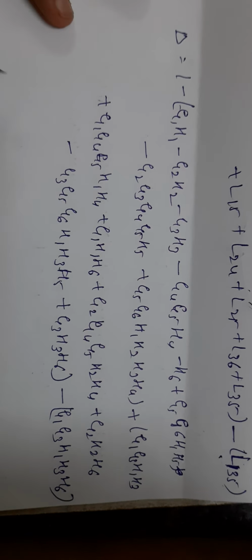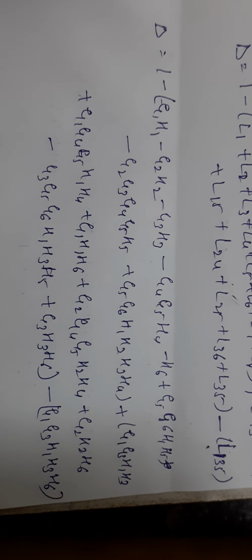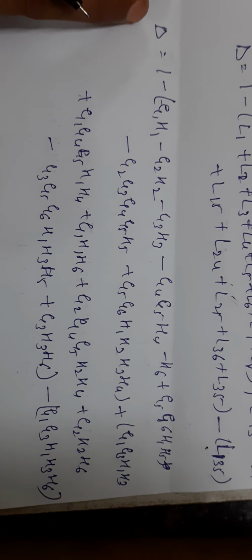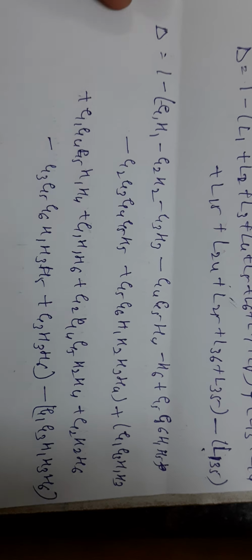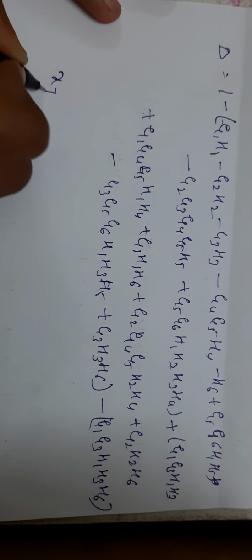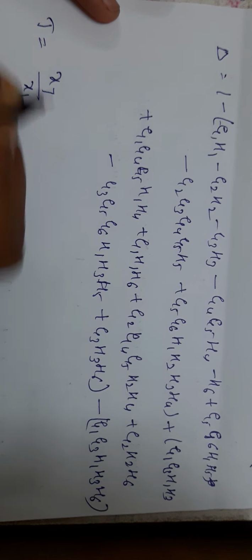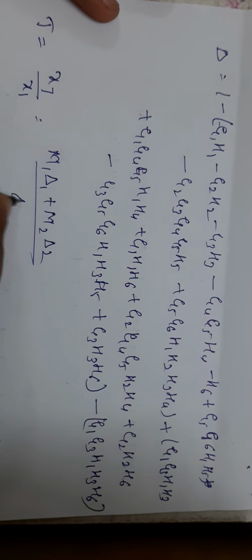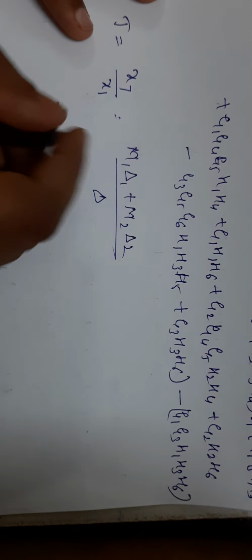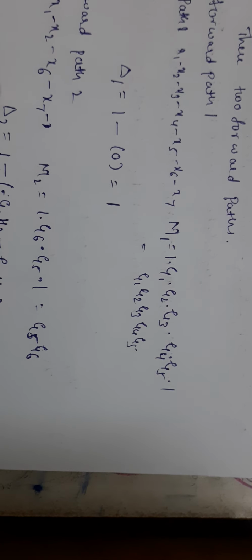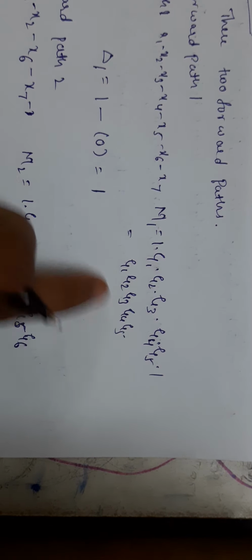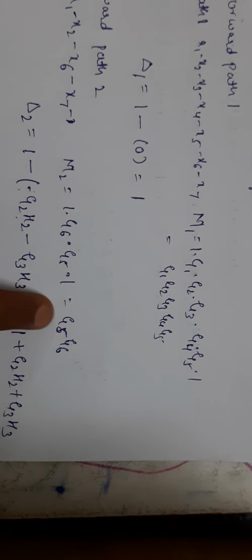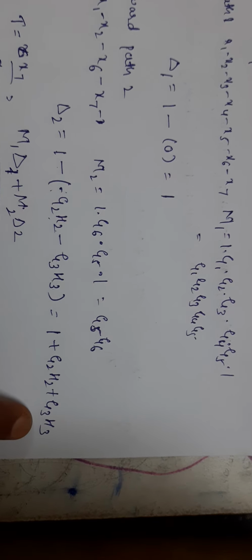Okay, this is the delta value. Next, we have calculated M1, we have calculated M2, we have calculated delta 1, delta 2, and we have also calculated delta. Next, we have to calculate the transfer function, that is M1 delta 1 plus M2 delta 2 divided by delta. M1 is G1, G2, G3, G4, G5. Delta 1 is 1. M2 is G5, G6. Delta 2 is 1 plus G2 H2 plus G3 H3.